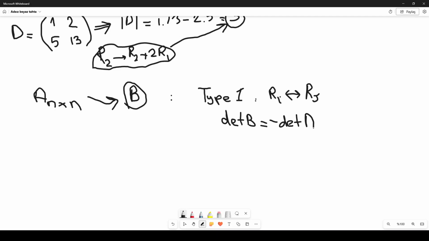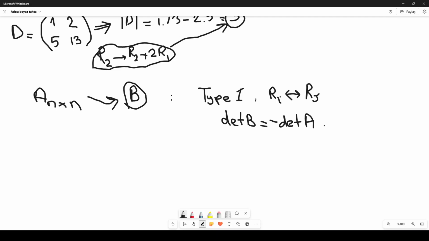But before proceeding, I want to make one point very clear. If we have only one row swapping operation, we get minus 1. If we have two row swapping operations, then we multiply the determinant of A by minus 1 times minus 1, which is plus 1. So no change. In other words, if we have an even number of row swapping operations, there is no change in the determinant.